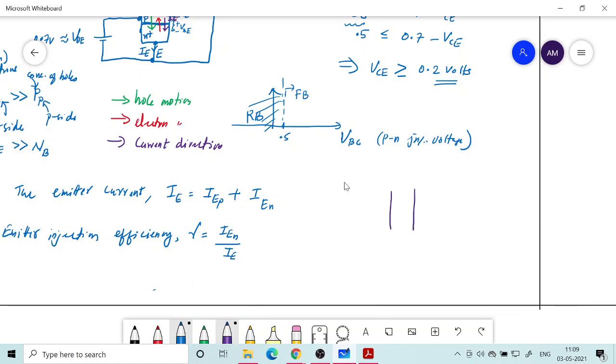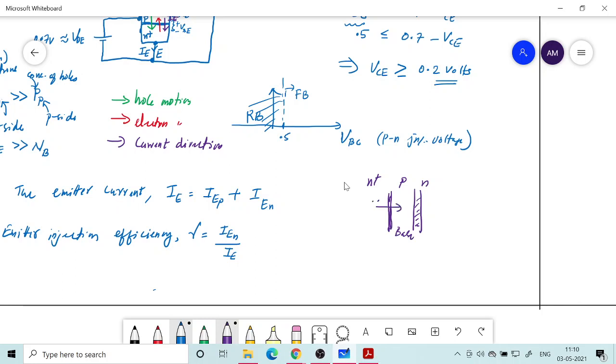Here is your base, and electrons are coming into the base, because this is N plus, this is P, and then this is N, and here there is a reverse biased region, and here it is forward biased. There is a thin depletion region which will be crossed by these electrons.